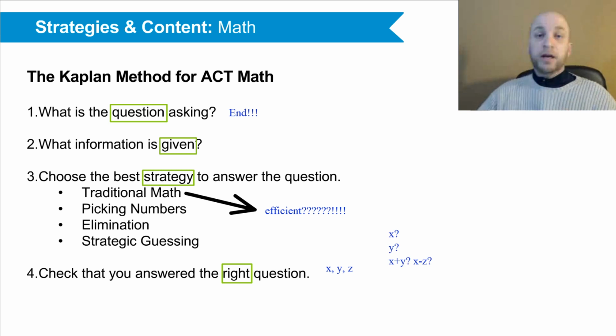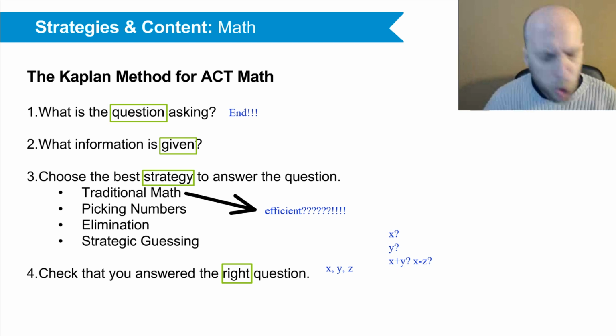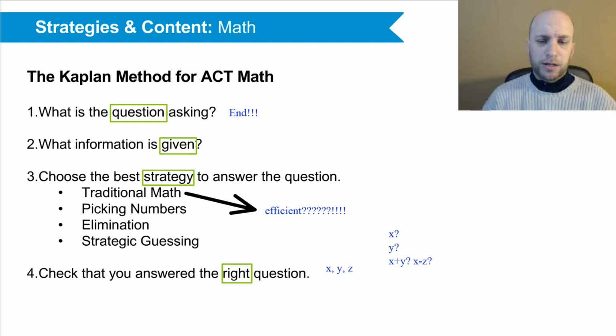I always recommend that if you have more than one variable, or something untraditional that they're asking you for, circle it, star it, put a skull and crossbones by it. Force yourself to go back and say, wait a sec, did I solve for the right thing? Because we do not want that happening on test day. This test is hard enough already.